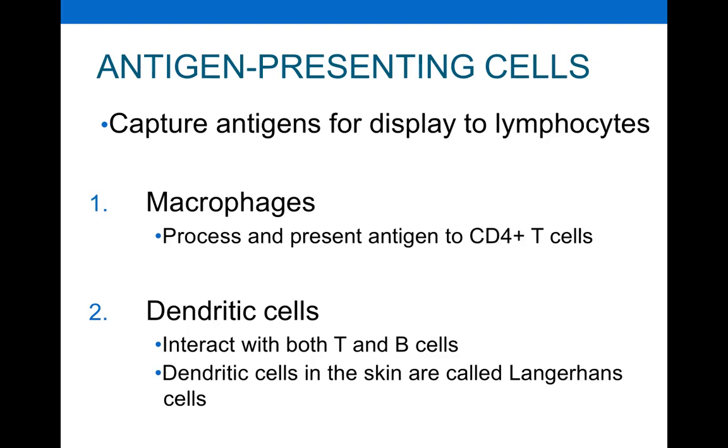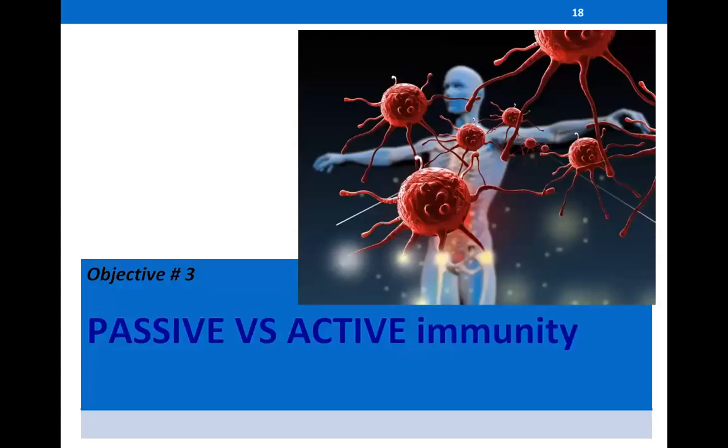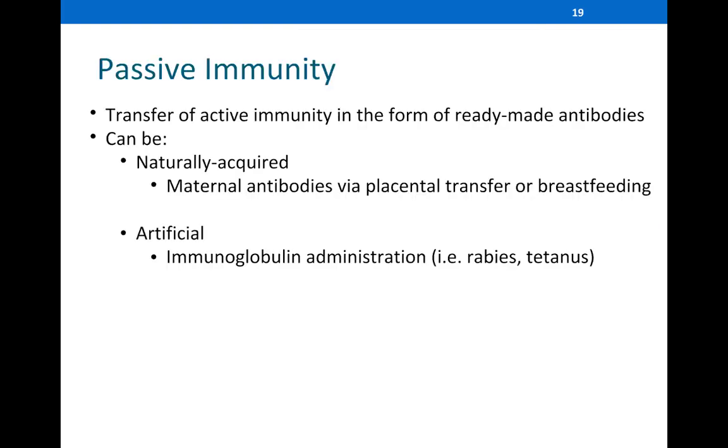Okay. All right. So after knowing the cells, the lymphoid organs, the effectors, the antigen-presenting cells, let's now differentiate passive versus active immunity. Passive immunity means there is transfer of active immunity in the form of ready-made antibodies. This can be naturally acquired or artificial.